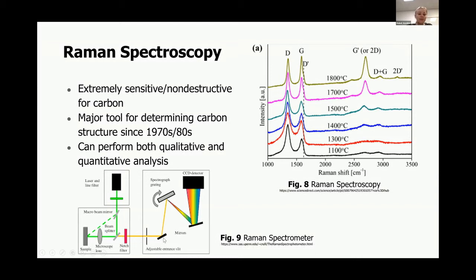And then the light is going to be bent using this grating based on the wavelength, which is going to give more of a range of it rather than a small beam. As you can see here, it comes into a bigger range. And then this detector is going to pass on all this information and turn it into a spectra, which you can see more here. So this is what you're going to get from a Raman spectrometer.